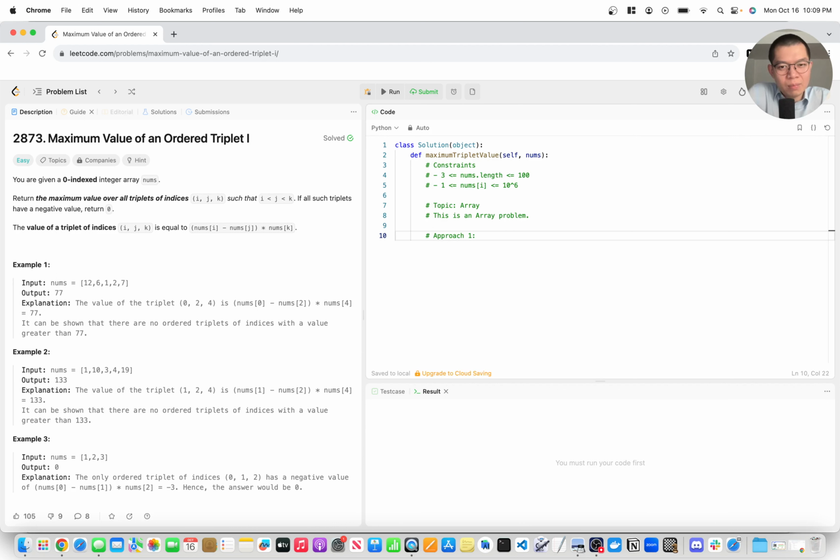For i in range from 0 to n, for j in range i plus 1 to n minus 1, for k in range j plus 1 to n minus 2.